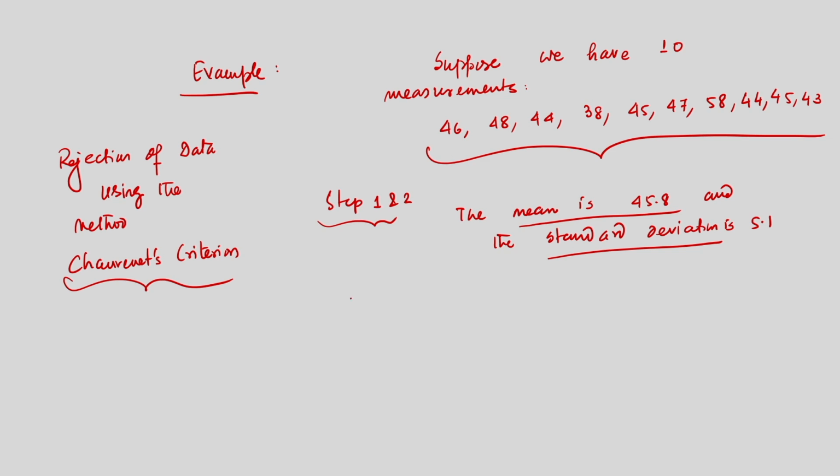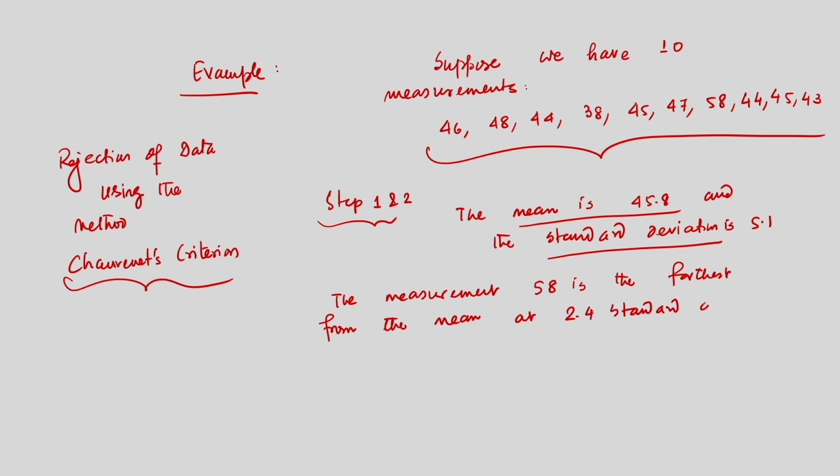Now, what we can see is that the measurement 58 is the furthest from the mean, at 2.4 standard deviations from the mean.